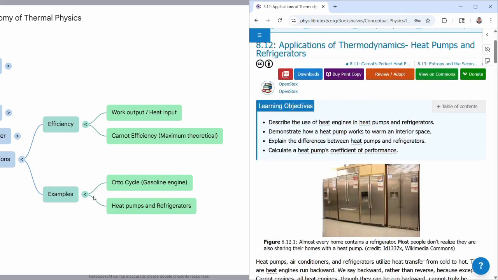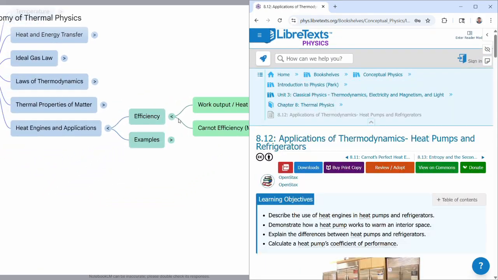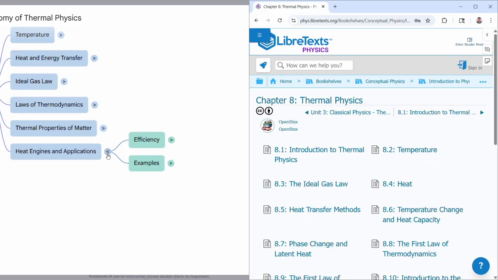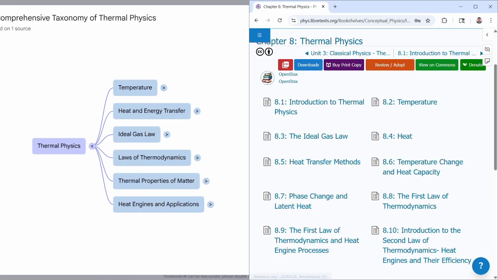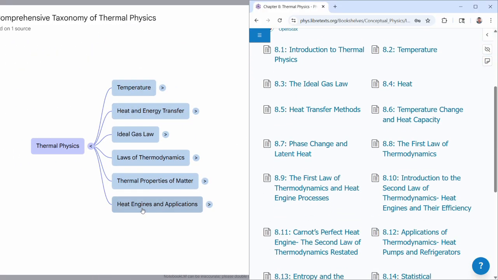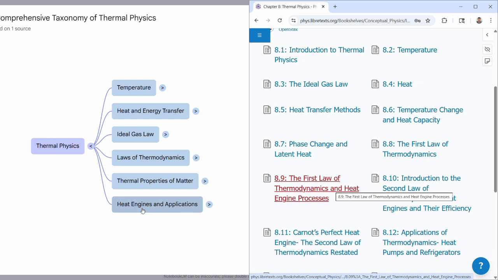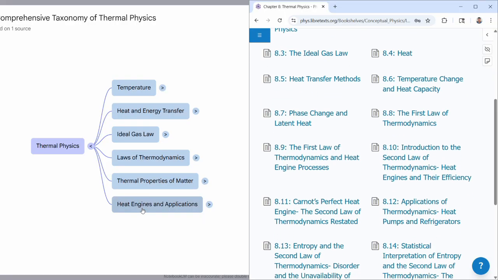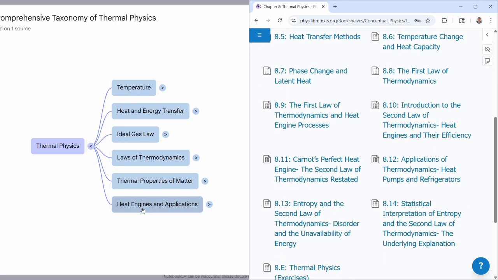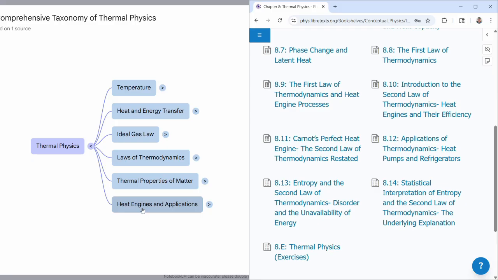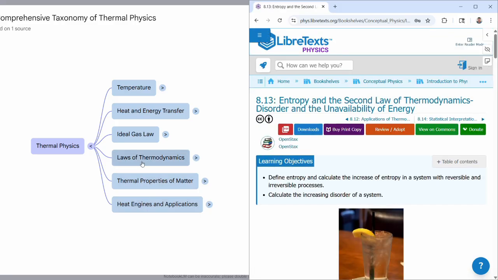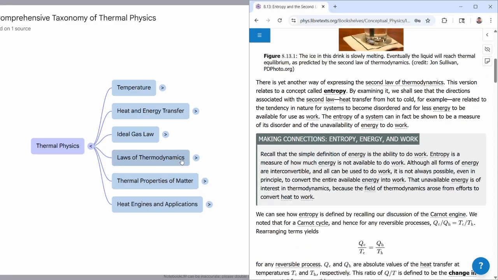As I said, I will make a separate video talking about the 4 named thermodynamic processes, because I don't see them mentioned anywhere in this mind map. Those named thermodynamic processes are covered in section 8.9, the First Law of Thermodynamics and Heat Engine Processes. And again, your textbook goes a little bit more into the Second Law of Thermodynamics than was covered in this branch of the mind map.